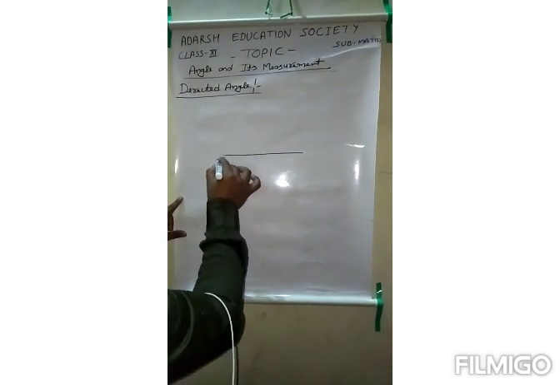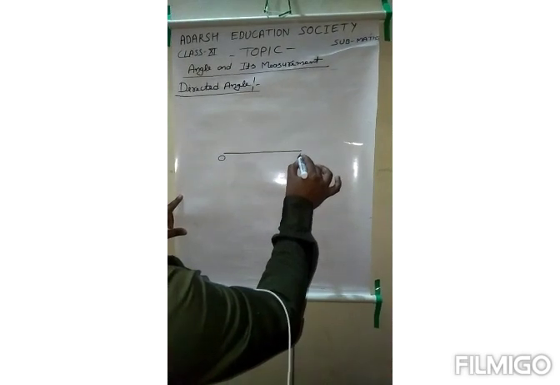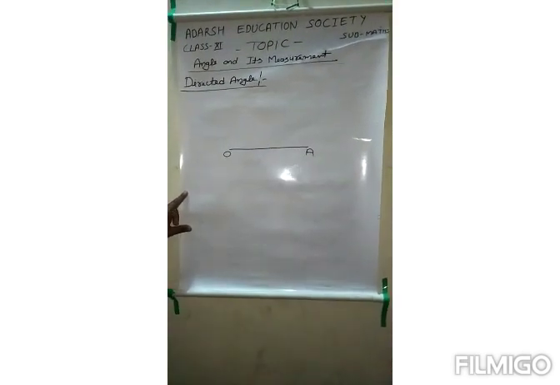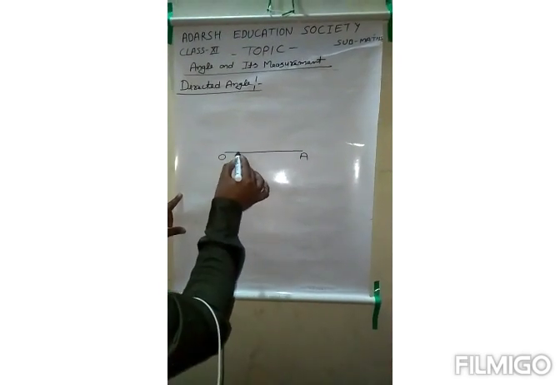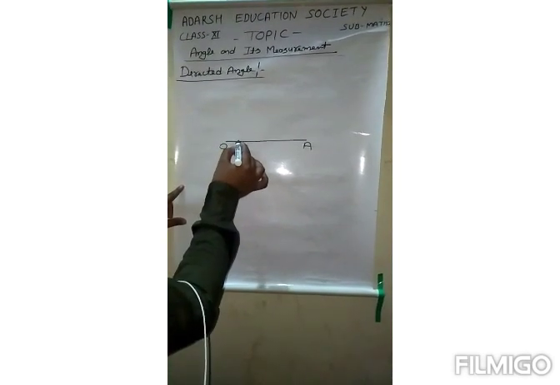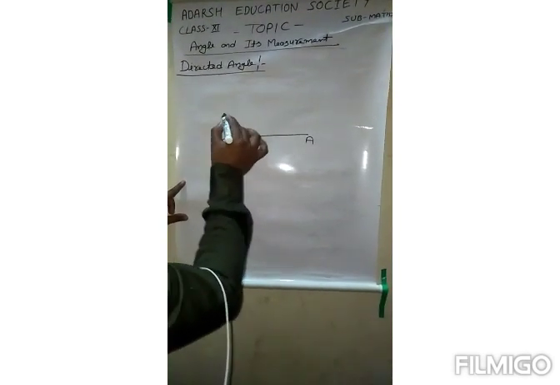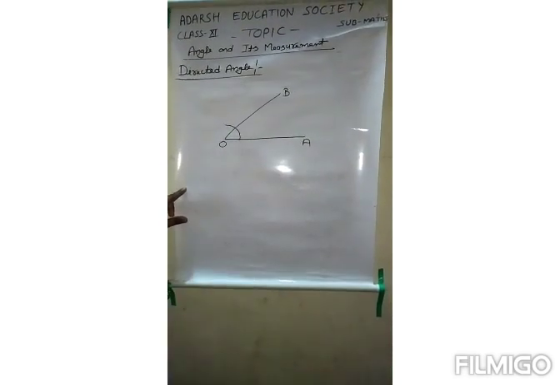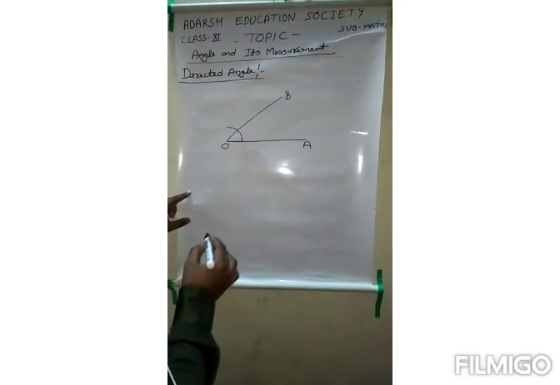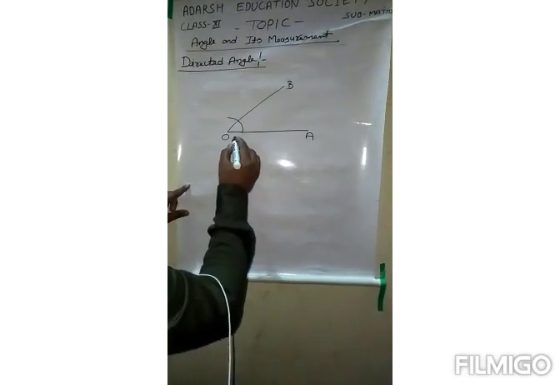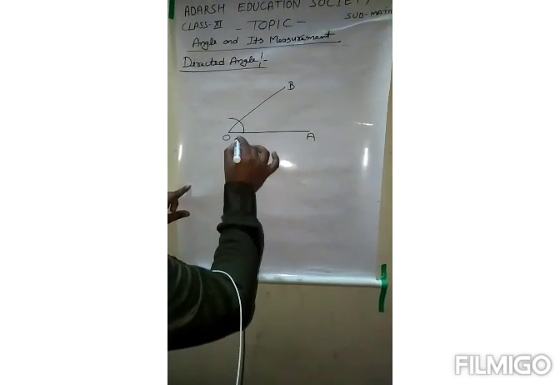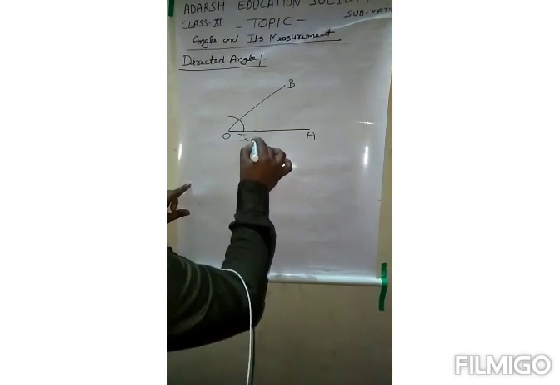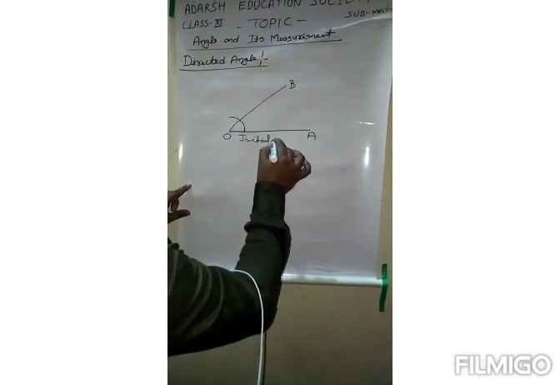Now to understand the topic of directed angle, let us draw a ray OA. Now if we rotate this ray through some angle till ray OB, then the formed shape is known as the directed angle, where the ray OA is said to be the initial arm.